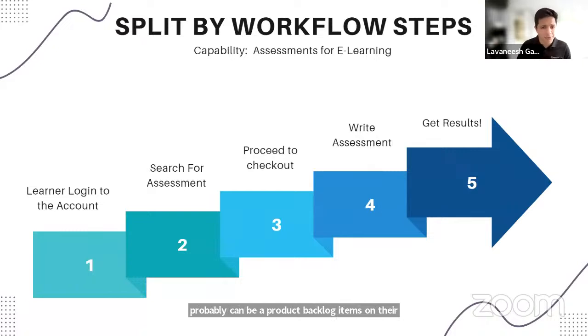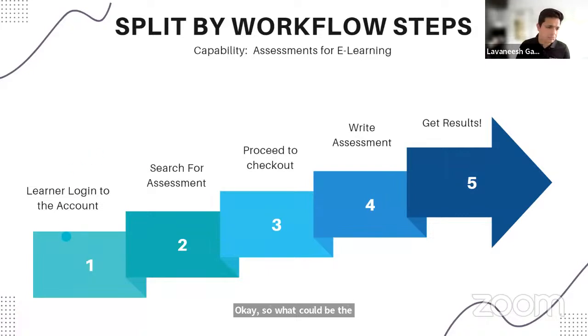So for an example, if we are working towards a capability, say I am working on a learning management system in an organization, and the capability which I want to build is assessments for e-learning, so that my organization's employees can actually take certain tests and assessments. So what could be the different steps?